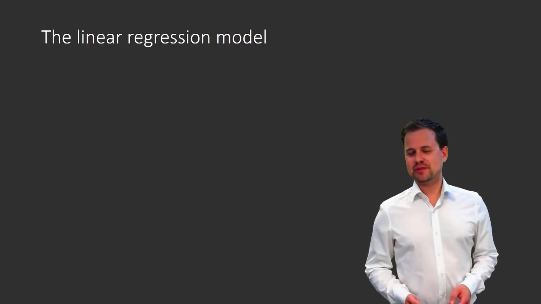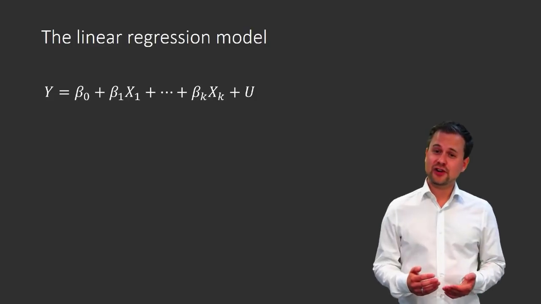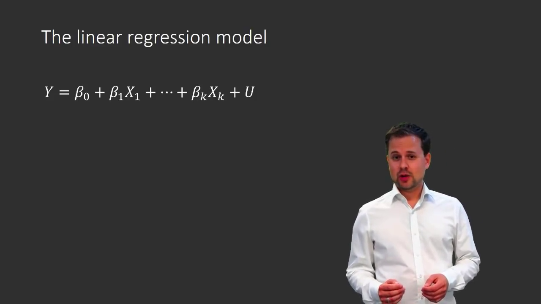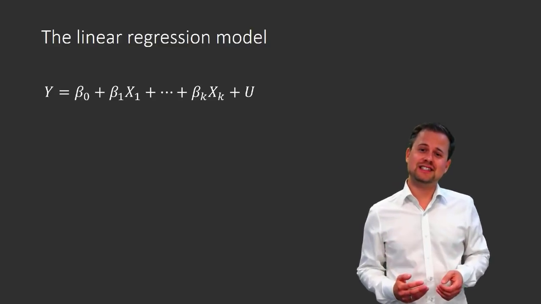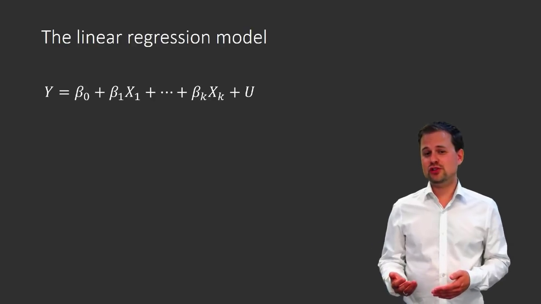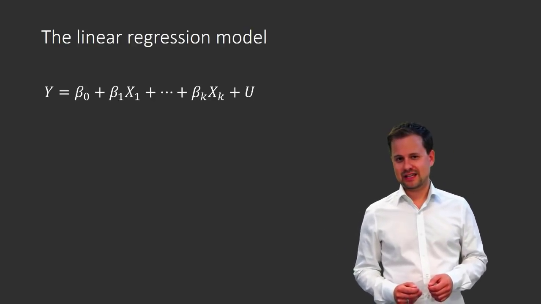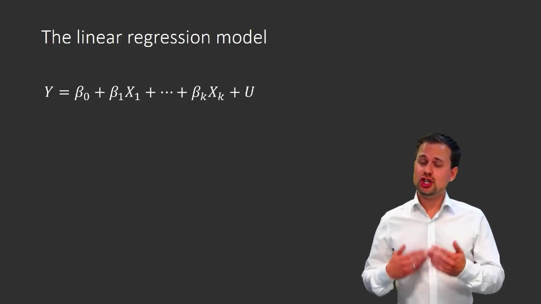The linear regression model is a way of writing an outcome y as a function of regressors and an unobserved component u. We think of this as representing a production process where outcome y is produced by regressors and unobserved inputs. The unobserved inputs enter the equation through u.